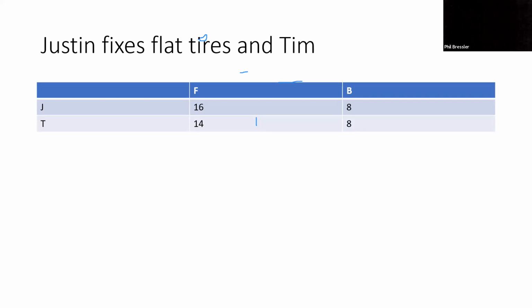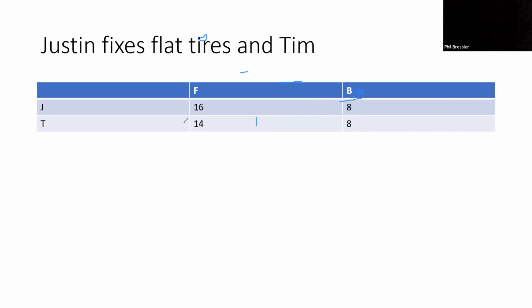All right. Now, I'm looking at breaks. Who has the comparative advantage for breaks? Got a couple of Tims. We're going with Tim. Okay. We look like we've got it. Let's just check. Again, for Justin, the other is flats, 16/8, which would be 2.